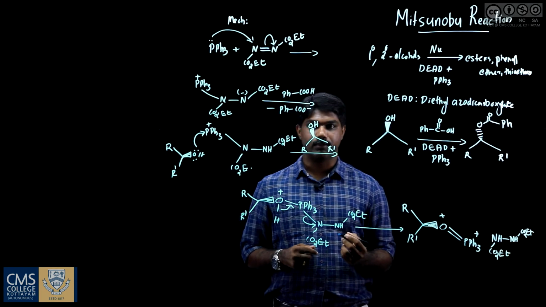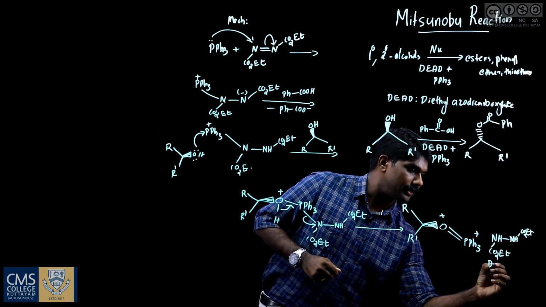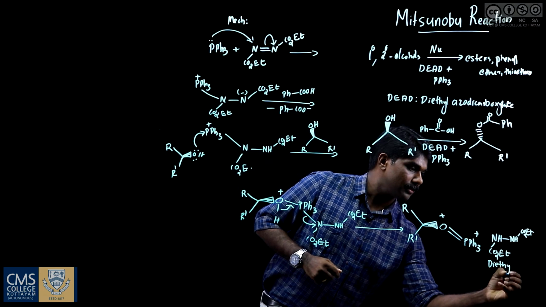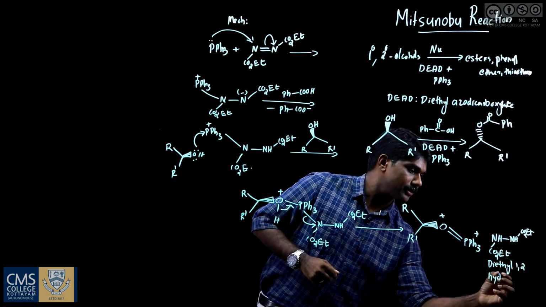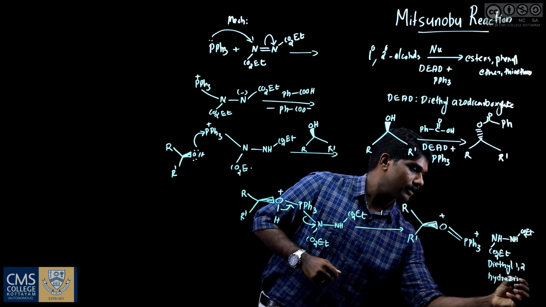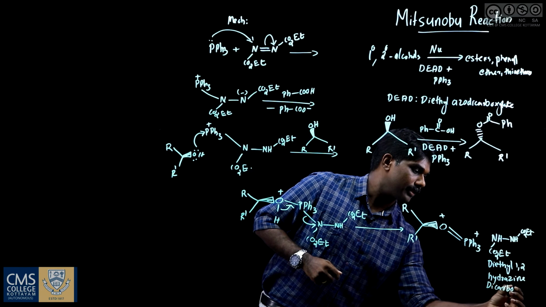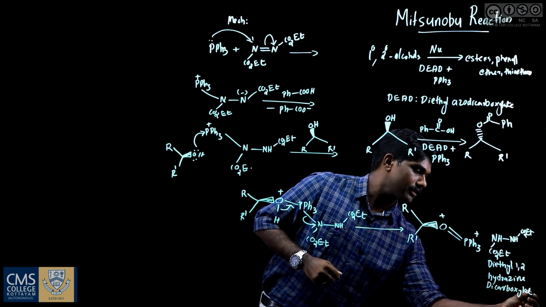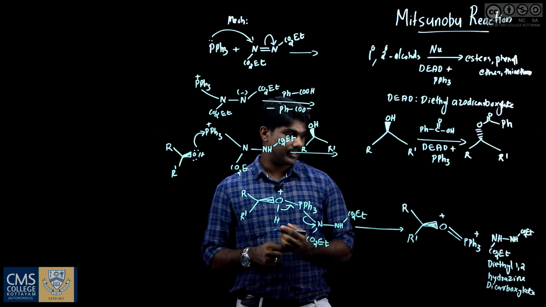This is one of the byproducts of the Mitsunobu reaction and it is diethyl 1,2-hydrazinedicarboxylate.